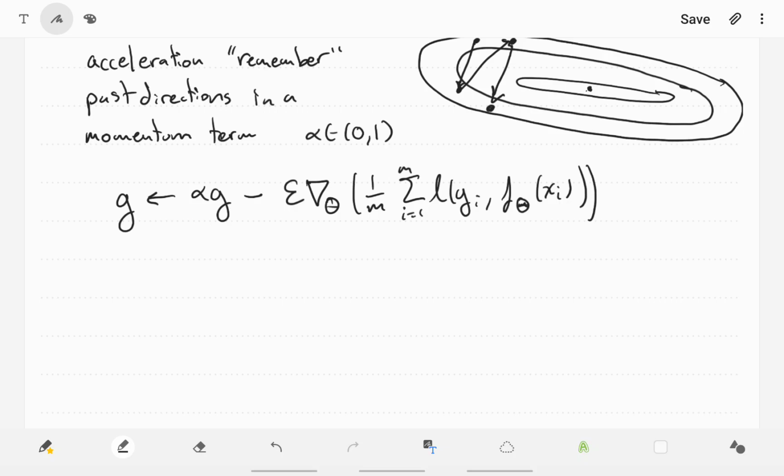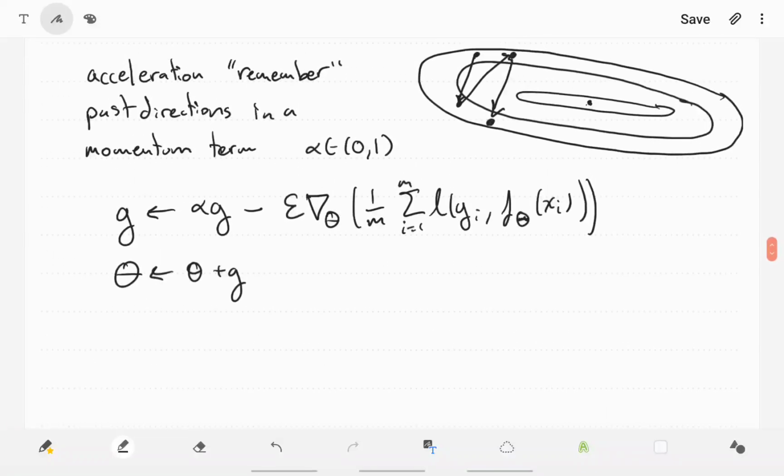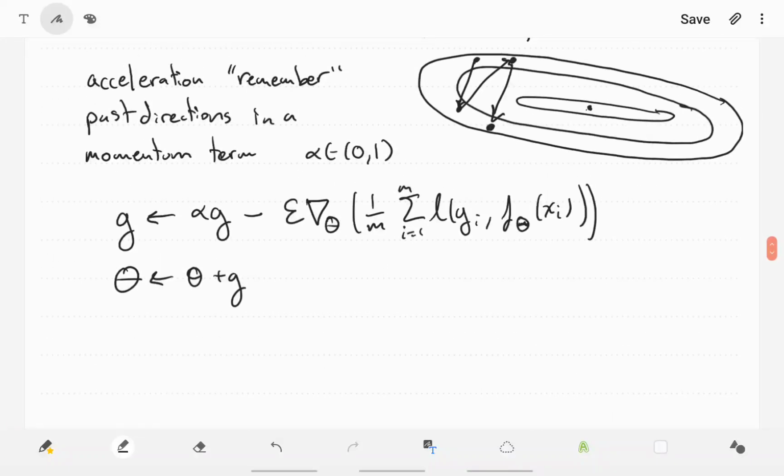And then when we make our update to theta, it just gets theta plus G. Okay. So you can imagine that what this is going to do is dampen this oscillation a bit, because all of these oscillating terms are going to cancel out with one another. So that's the basic idea behind acceleration, that it remembers these past directions.